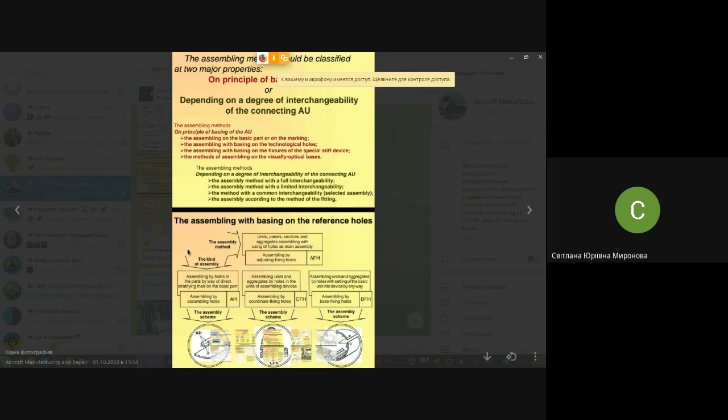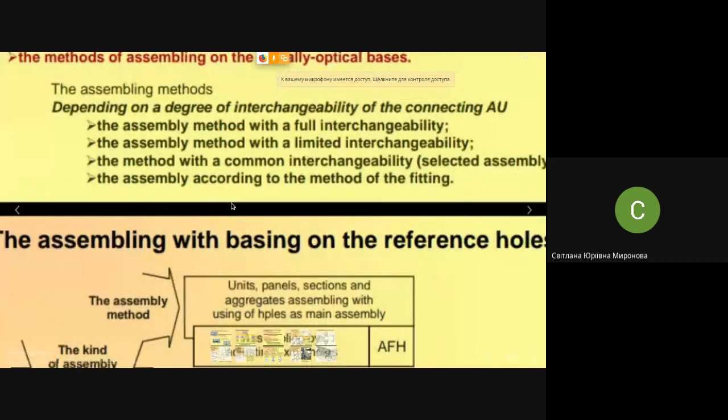Do pay attention. Here you see names of methods. If I were you, I would copy them immediately, and additionally I will pronounce them maybe with slightly changed names. Assembly methods may also be classified into 4 different groups depending on the degree of interchangeability which they provide. Assembly method with full interchangeability, or so-called complete interchangeability.